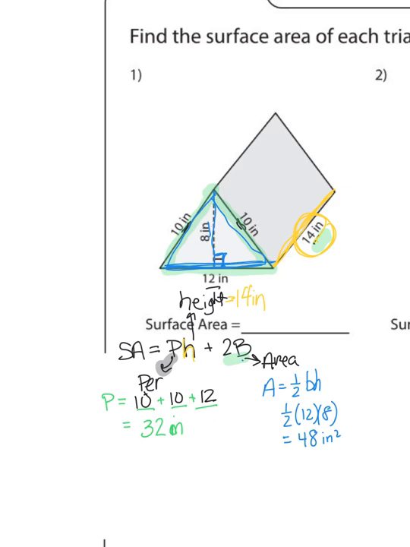So now I have all the pieces that I need, and I can fill in the formula. I have the perimeter is 32. H, the height of the prism, is 14. Plus 2, I'm always doubling the area because there's 2 triangles. And big B stands for the area, which is 48.